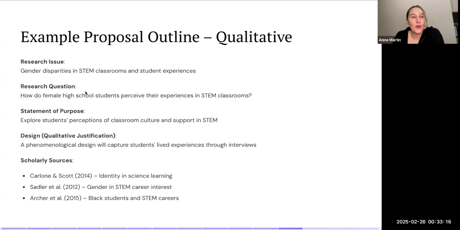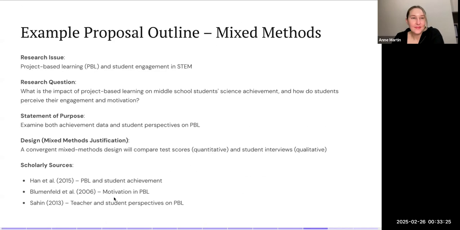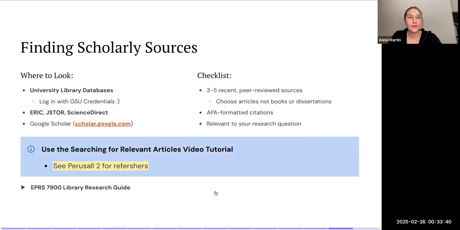You can see the issue, the question, statement of purpose, the design to capture lived experiences, and then their references. And then in mixed methods, you can see the research question incorporates both the quantitative and the qualitative, and they have their justification for mixed methods, and then their 3 references.